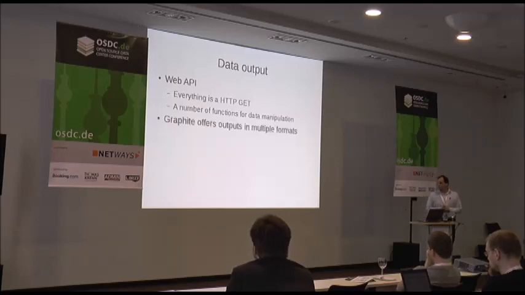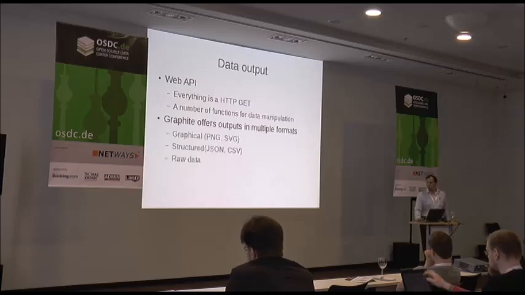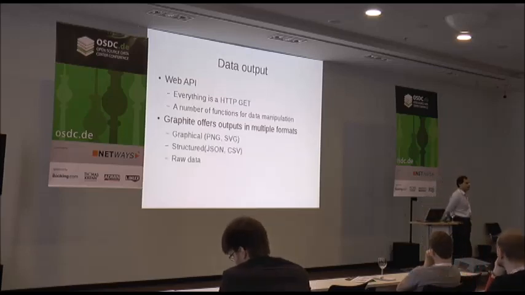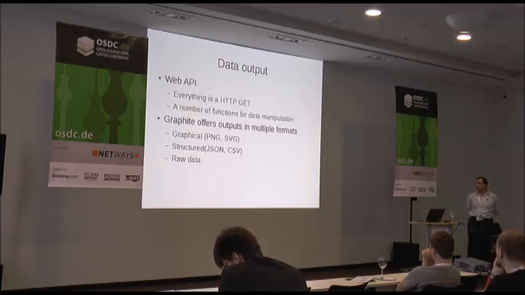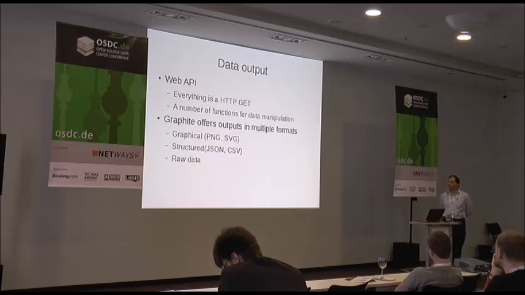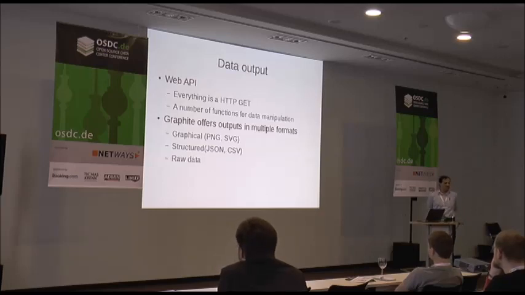You get output in multiple formats: graphs, structured data, and raw data itself. The important part of structured data is that it lets you hook into other tools, which means that, as I'll explain later, we have things that literally say, okay, give me monitoring data for this, pull it from Graphite, run some calculations on it, and then actually end up saying, here, maybe some human needs to go look at this. For things like, say, disk usage.